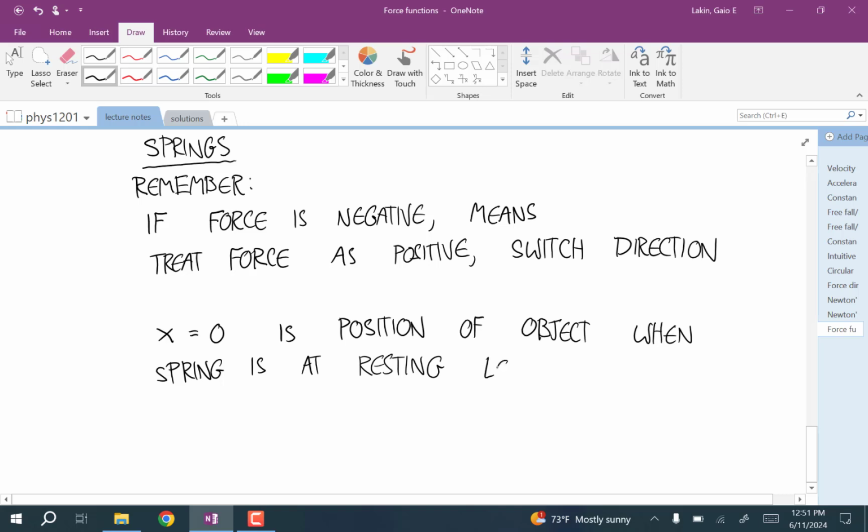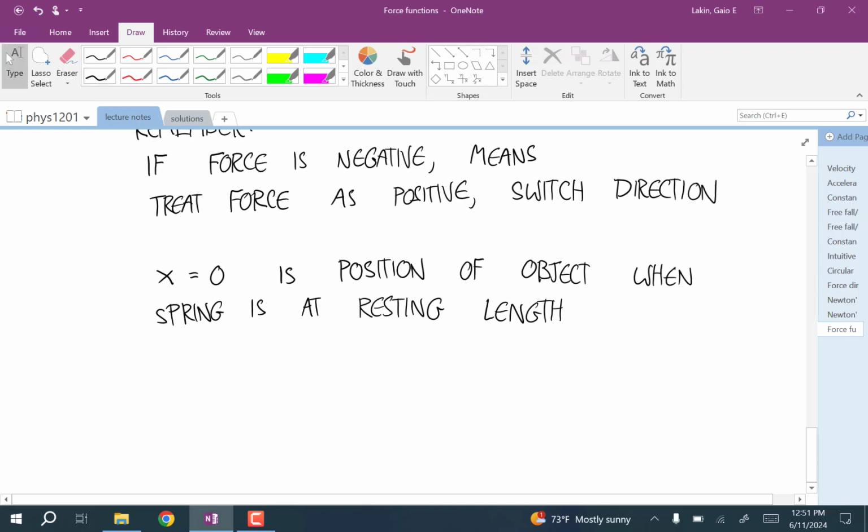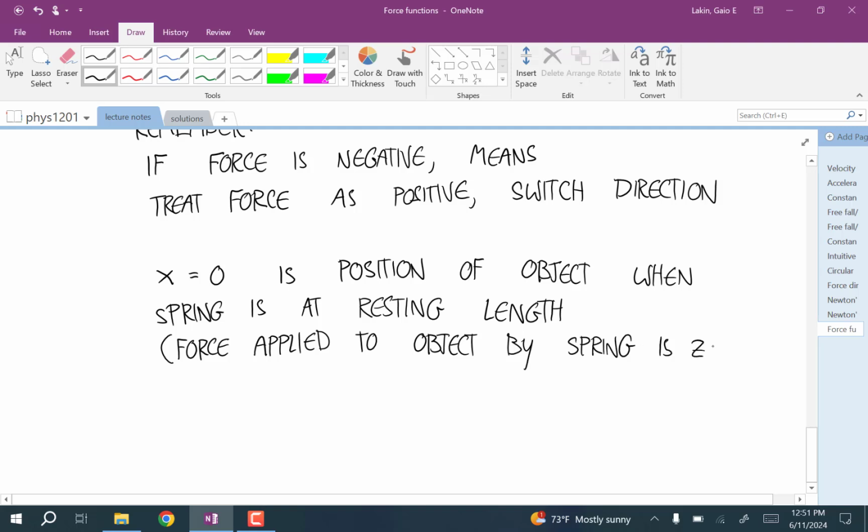And the meaning of that is that the force applied to the object by the spring is 0. Okay, that's the significance of this. The force applied to the object by the spring is 0.